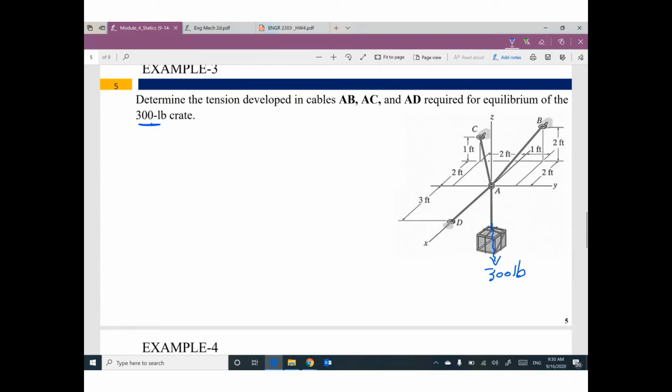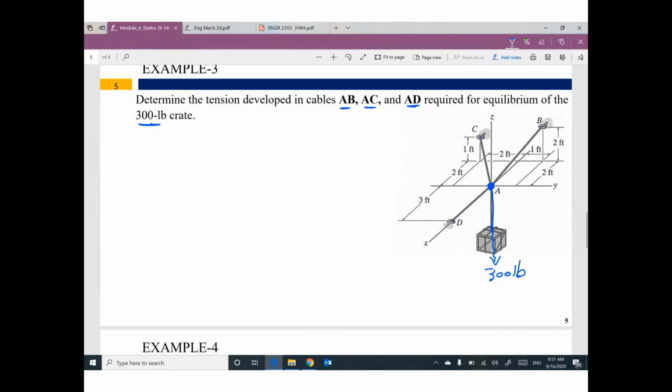This box is supported at point A with 3 ropes, AB, AC, and AD. We are looking to determine the forces developed in these cables, AB, AC, and AD.